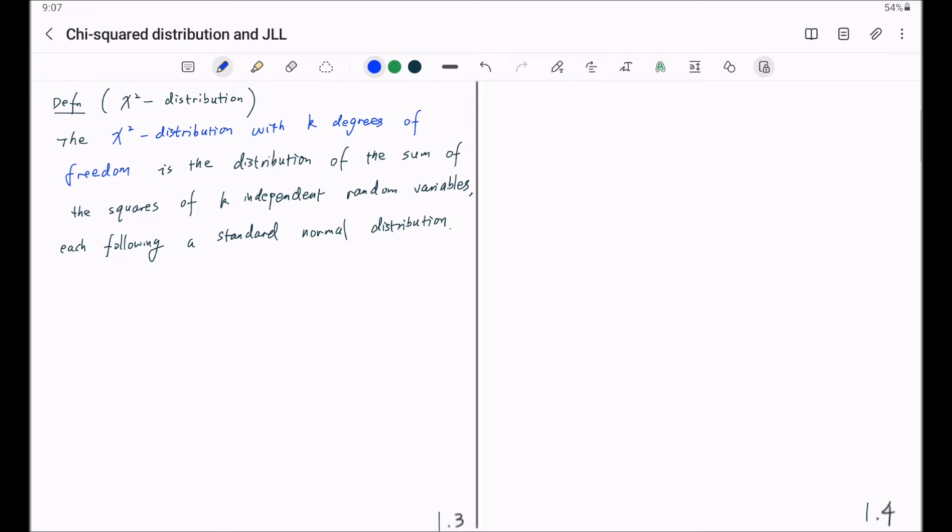Using mathematical notation, if X is a chi-square distribution with k degrees of freedom, then it can be written as the sum of k i.i.d. standard normal random variables.